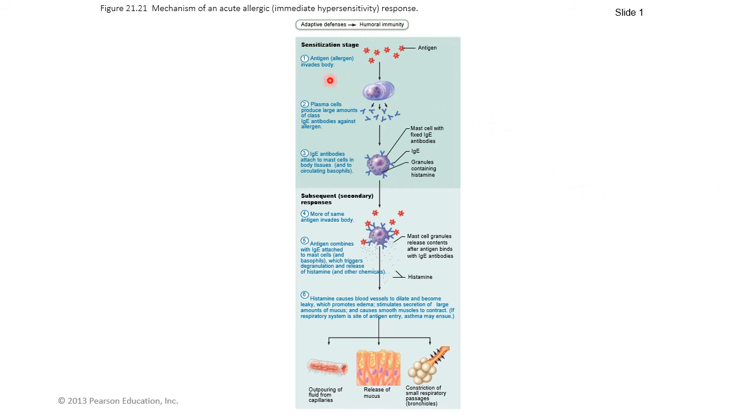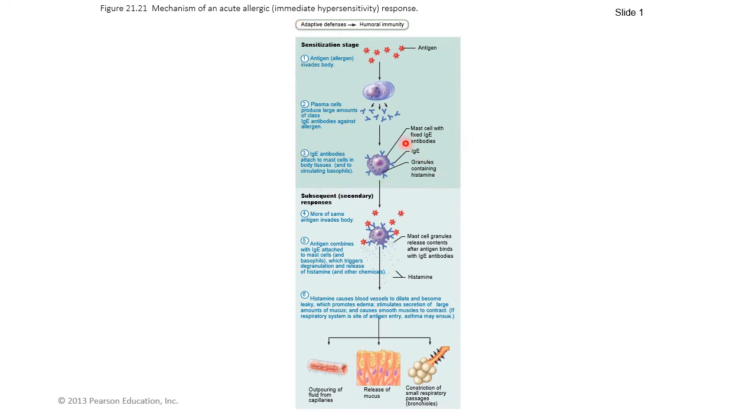So the first thing that happens is you're exposed to the allergen. And then you have cells that are going to be stimulated, and they're going to produce IgE. IgE is going to bind to basophils and mast cells. Now, if you remember, basophils and mast cells have granules that release histamine. So the first thing that happens is this sensitization stage.